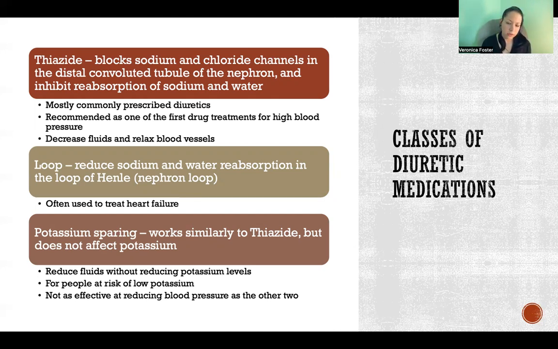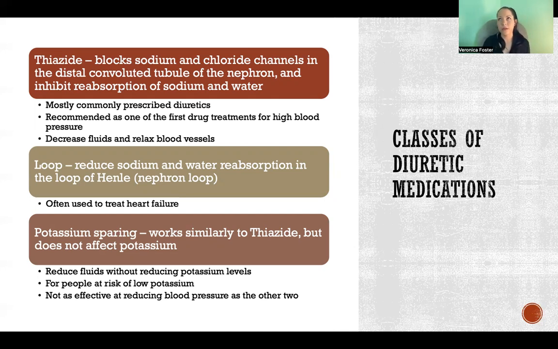Then the second class of diuretic medications is a loop type. So these reduce sodium and water reabsorption in the loop of Henle. So I mentioned that in our discussion of ADH, but ADH causes the loop of Henle, or the nephron loop, to reabsorb water. So loop diuretics will minimize it.